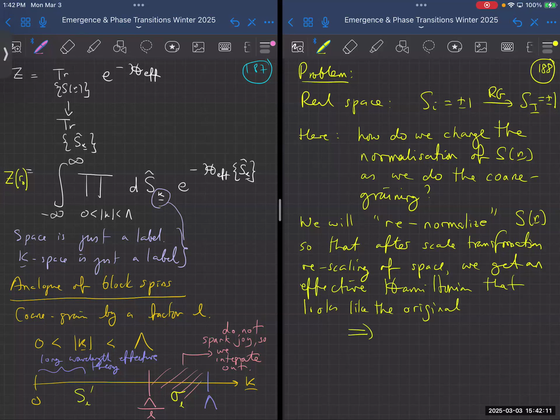And from that, then we can read off the renormalization group recursion relations.